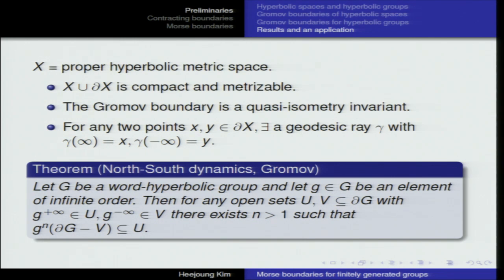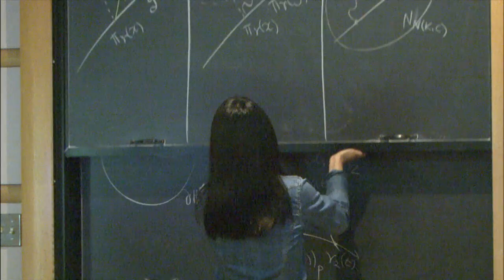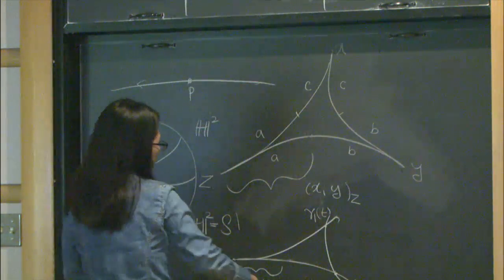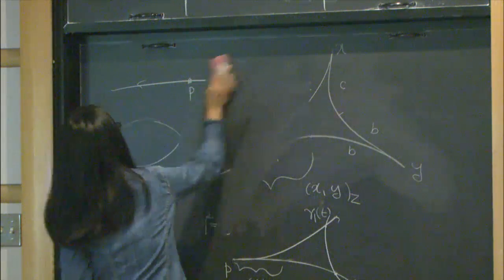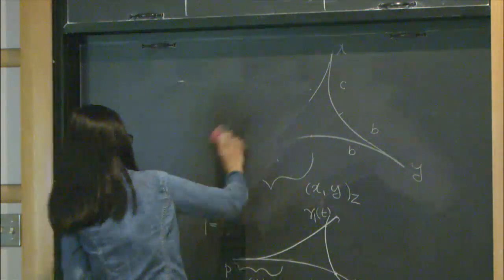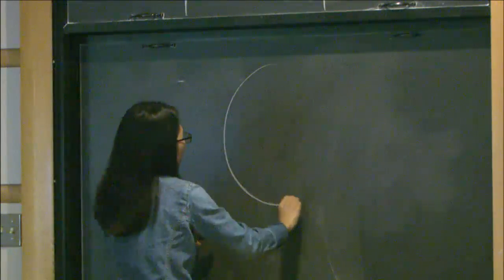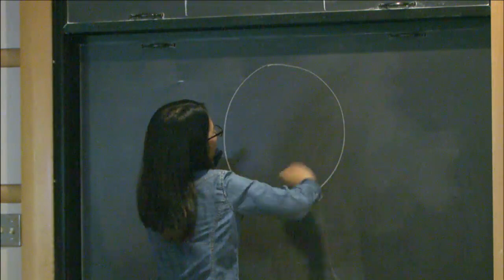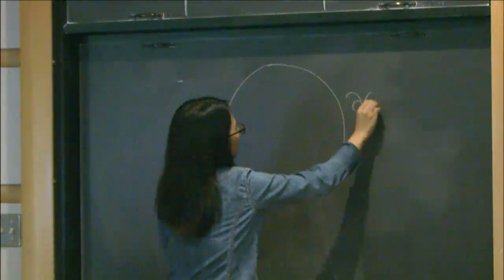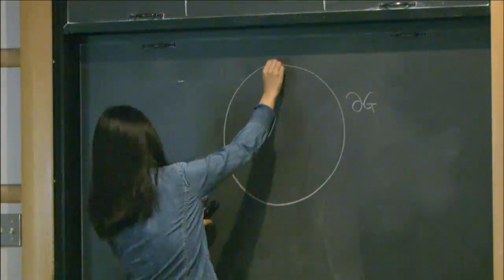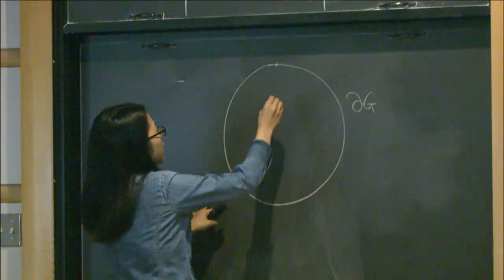So let's visualize the theorem. Say this is my boundary, the Gromov boundary. Then I have an element of infinite order.